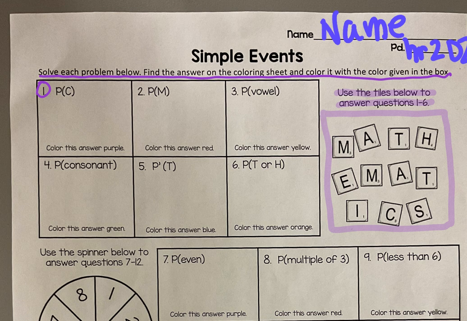And we have P and then in parentheses C. You will see this on your test, and that's why we're doing this worksheet, because this is really good practice for the test.